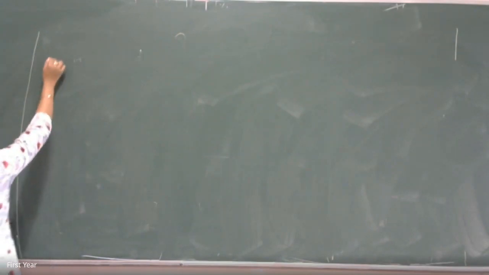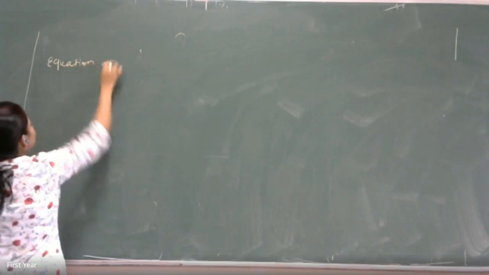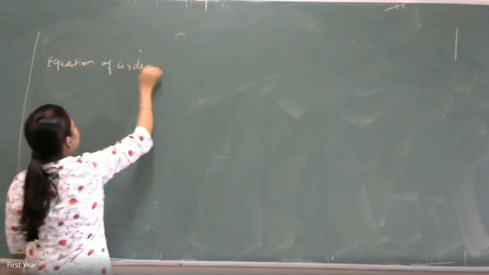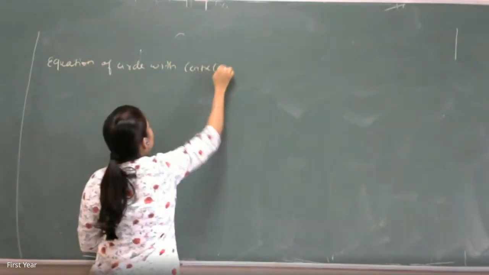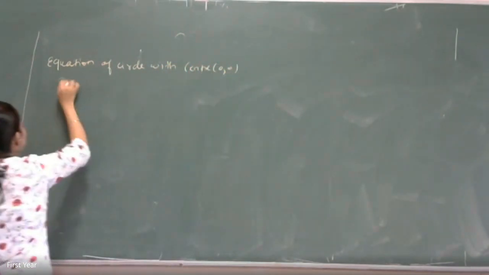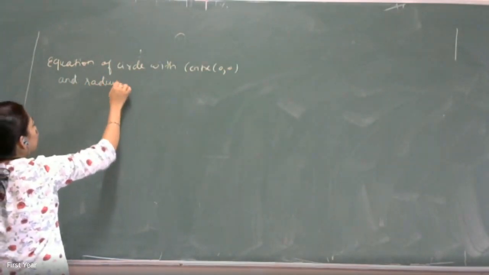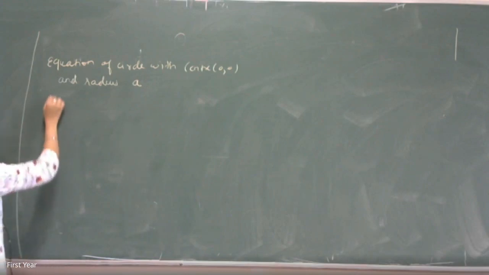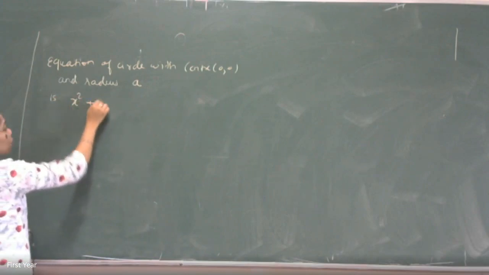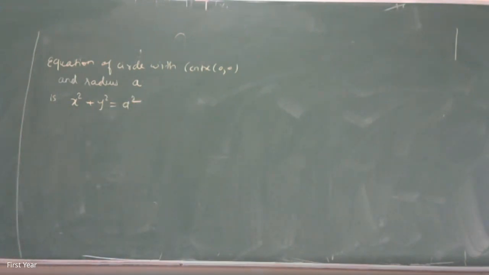Equation of circle with center 0 0 and radius a is x square plus y square is equal to a square. Correct? This is your equation of the circle with center 0 0 and radius a.